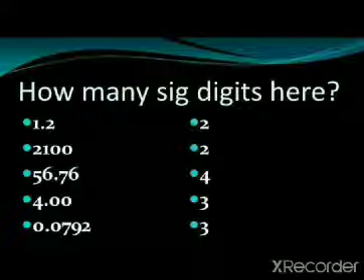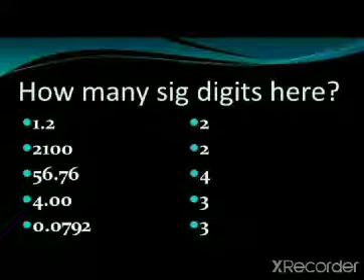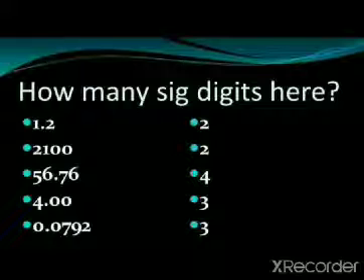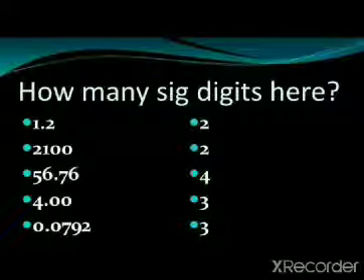Consider the third one, that is 56.76. All are non-zero digits. Therefore, the total number of significant figures will be equal to 4. How many significant figures are there in 4.00? The two zeros are significant here because they are placed on the right side of the decimal point. So, along with 4, you have to take the two zeros. Hence, the number of significant figures will be equal to 3.